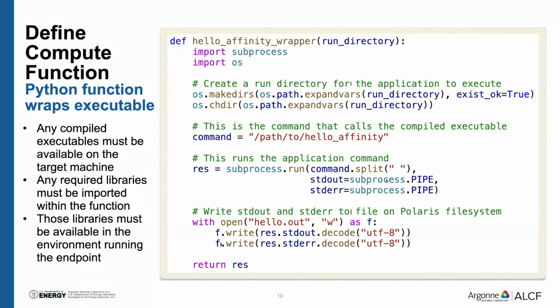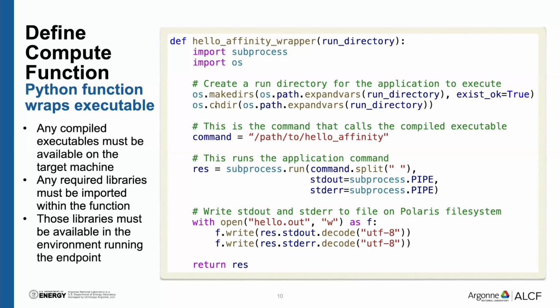Now, you asked about pre-processing steps or post-processing steps. It depends on the kinds of steps you're doing. In this example, actually, there is a pre-processing step in the sense that you make a directory to run the code in.